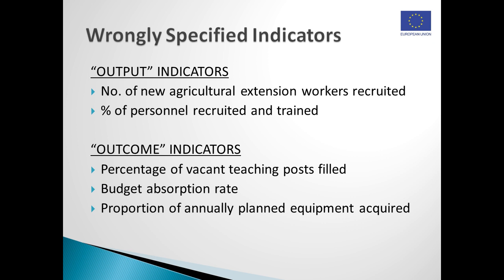And then as a final example, another ministry which uses as a so-called outcome indicator the proportion of annually planned equipment which has been acquired. In other words, if it plans to purchase 200 items of equipment during the year, but only manages to purchase 100, this indicator would have a value of 0.5. Clearly, once again, equipment is an input, and this is an input indicator, not an outcome indicator.